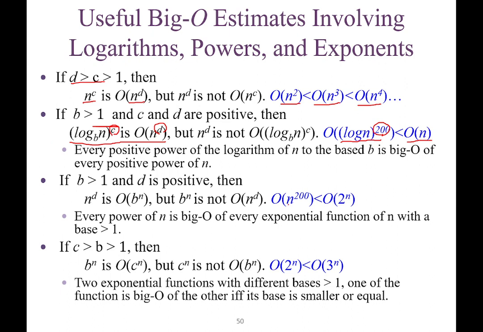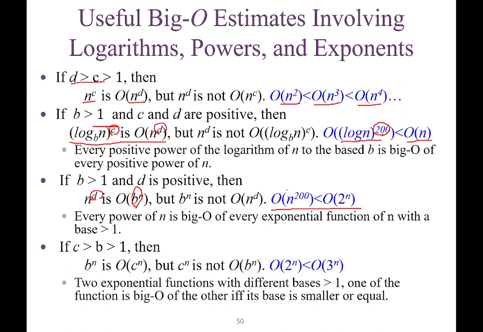Okay, next we follow the same concept because the polynomial function grows slower than exponential function. So once we have n to the power of d and b to the power of n, no matter what the value d or b is, it doesn't change the fact that polynomial function grows slower than exponential function.